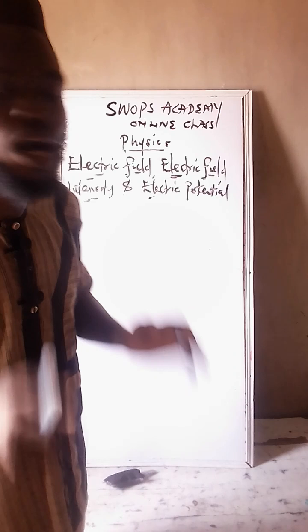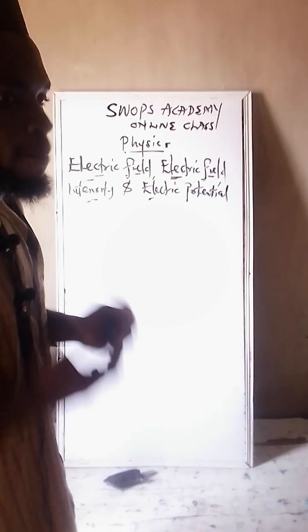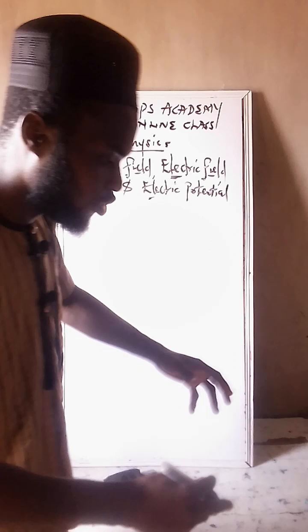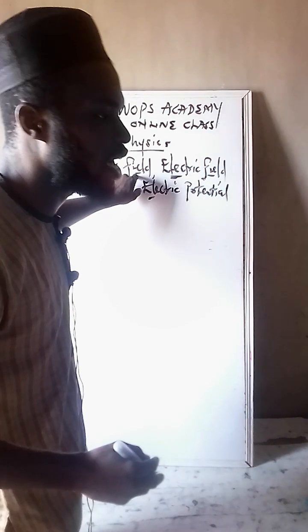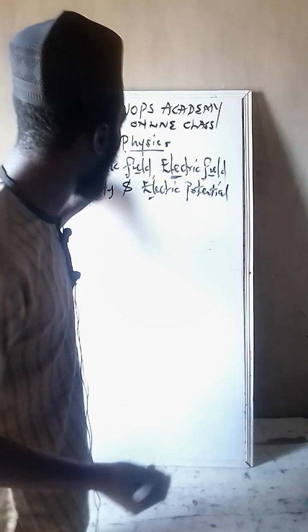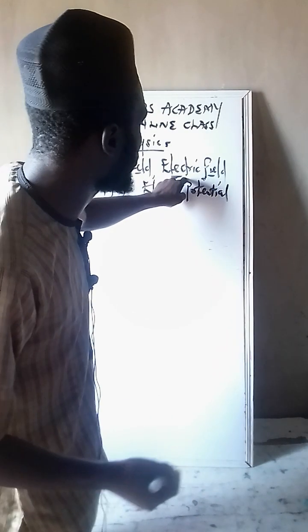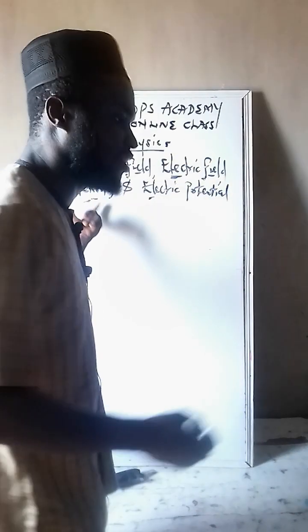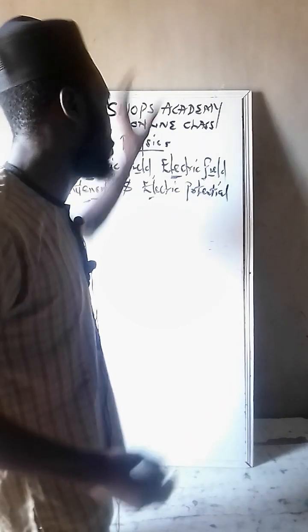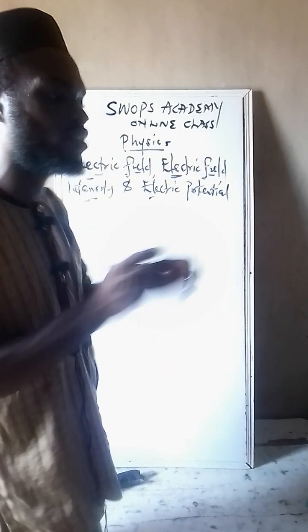The event of pass, play. Now, when we say field, let's firstly leave this. You can see the suffix that ends this one is also field. Electric field. What of this one? The suffix that also ends this one is field. Electric field intensity. The same thing, electric potential. All these things are generated from field.